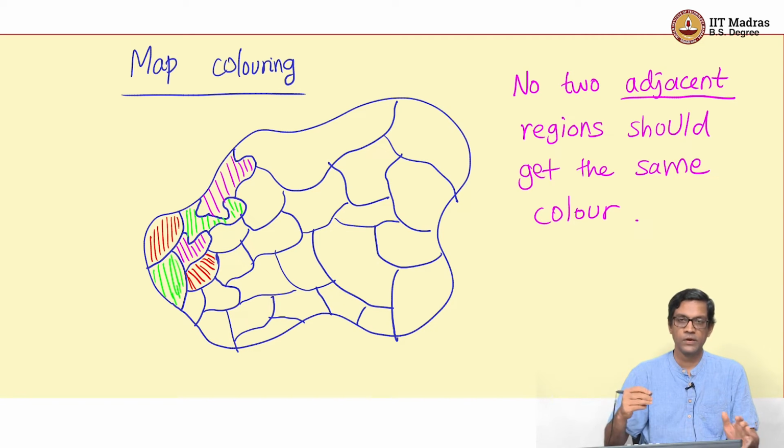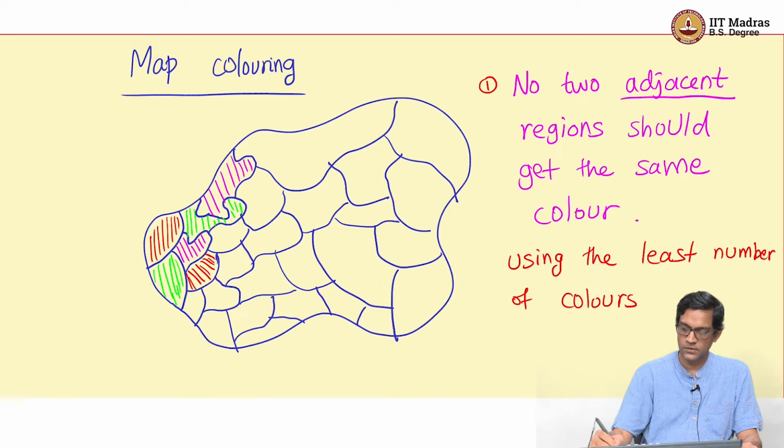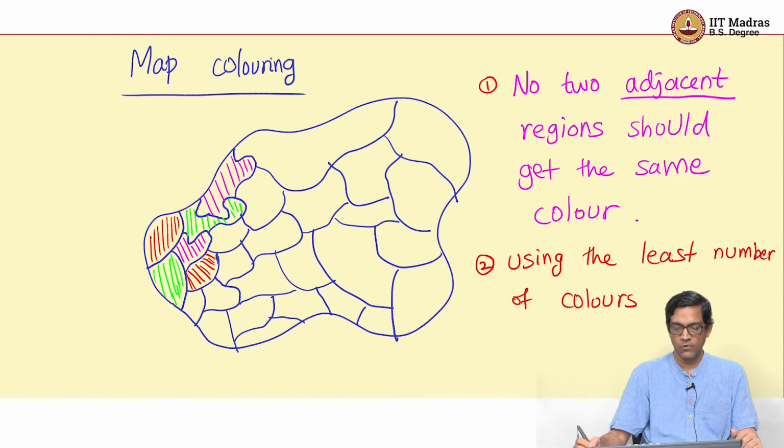So I want to do it in a very economical fashion. That's the other constraint: using the least number of colors possible. Those are the 2 rules of the game, and you can try doing it for various configurations of maps. So this is the map coloring problem.